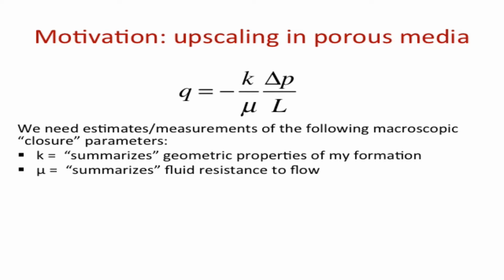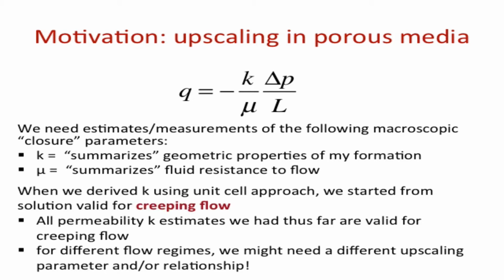So far we developed these for creeping flow. So any upscaling we've done, we actually started with analytical solutions to Stokes' equation typically, and for Reynolds numbers that were rather small. So I would like now to basically make this more general.